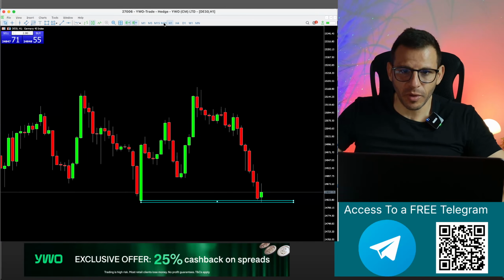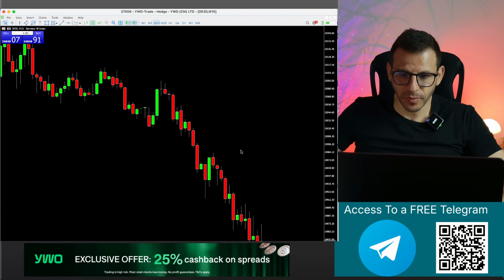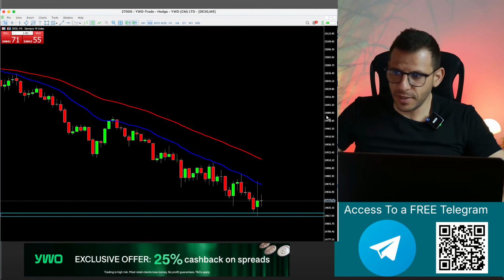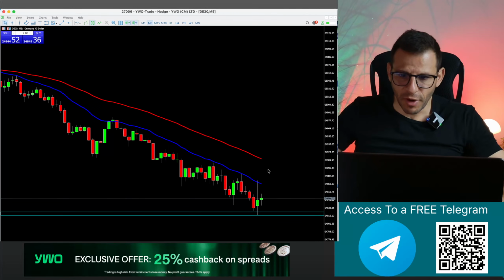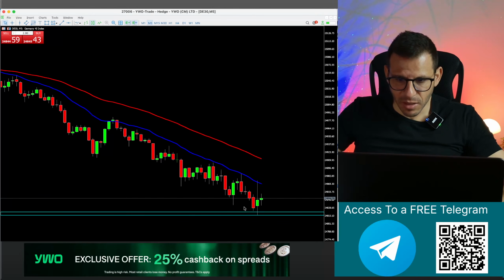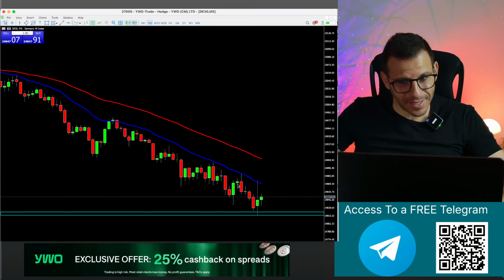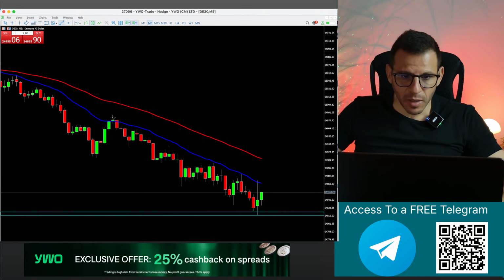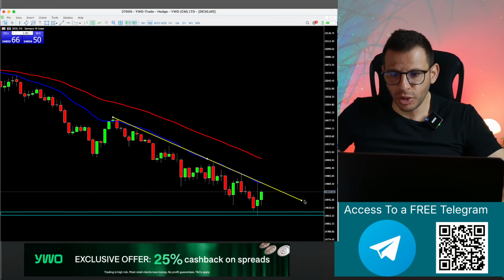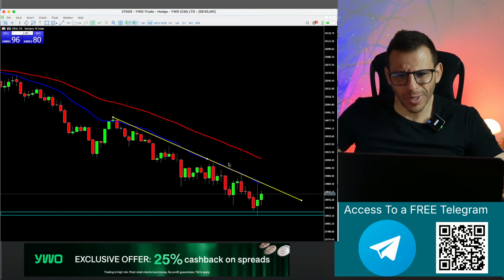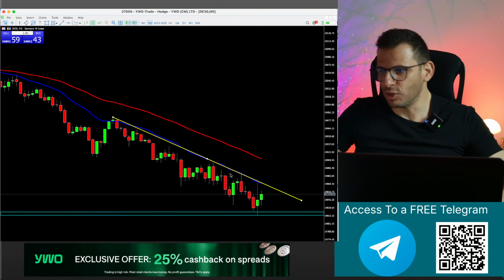So, for that reason, the 5 minute has this outside candle. The market is in a strong downtrend on the 5 minute, so there is only one way to go for high quality trades, and that's a break of a trend line that defines a downtrend.